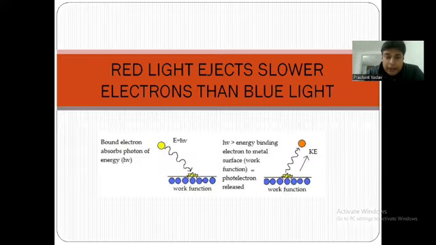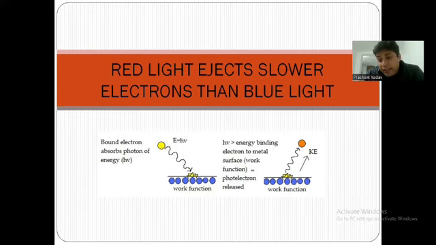We can understand this by an example: red light ejects slower electrons than blue light. We know that red light energy is lower than blue light energy. So when two photons are incident on the same metal surface, the blue light photon emits an electron with higher kinetic energy compared to the electron emitted by the red light photon.